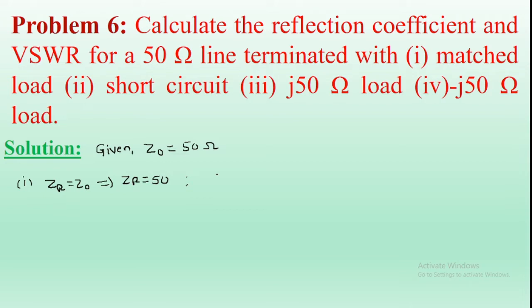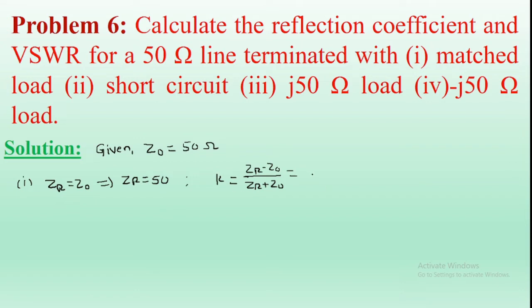So we know that the reflection coefficient K is equal to ZR minus Z0 by ZR plus Z0. Given that the characteristic impedance Z0 is equal to 50 ohms, in this bit the transmission line is terminated with the matched load, that is ZR is equal to Z0.